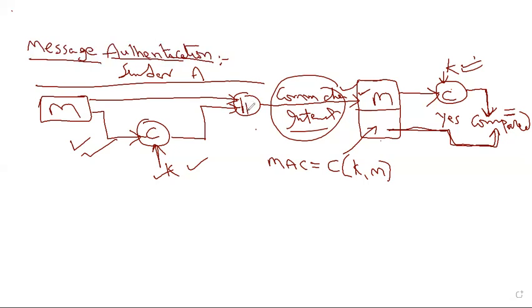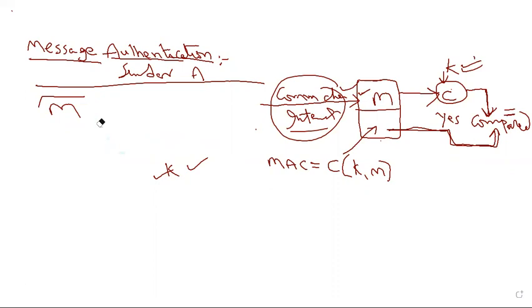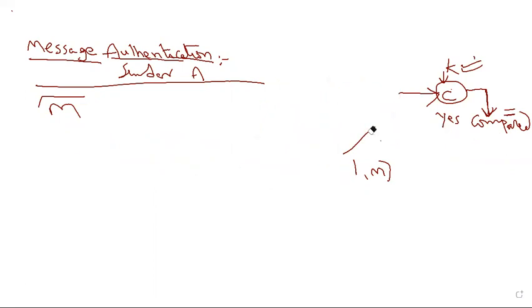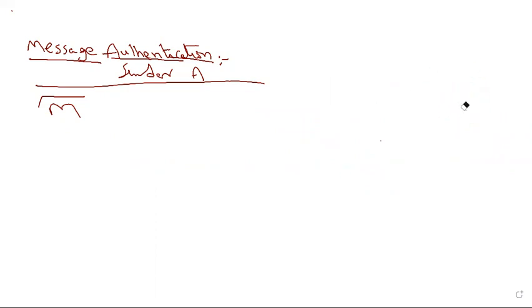The receiver also does the same thing for verification, right? I'll show you that particular configuration, and the third one also. So in the second configuration, what the sender is going to do and how the receiver performs parallelly at the receiving end, I'll show you that diagram also.